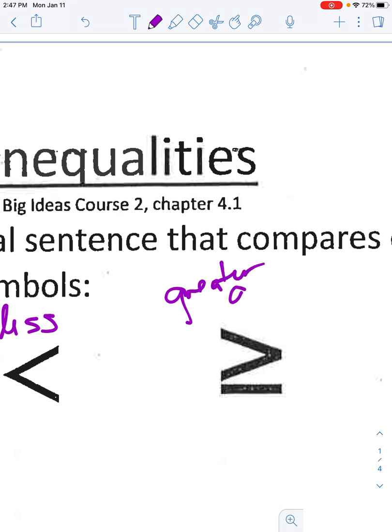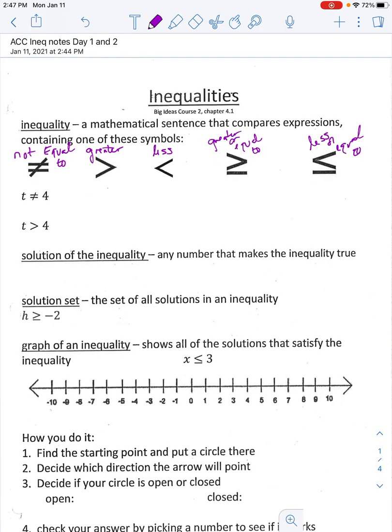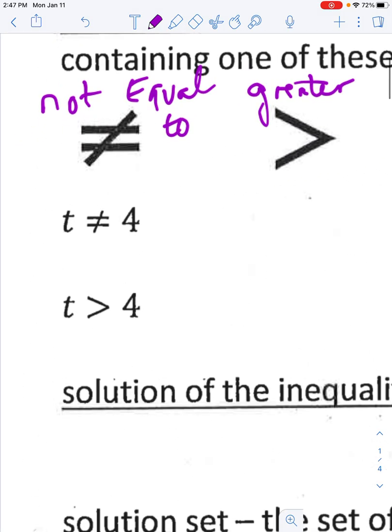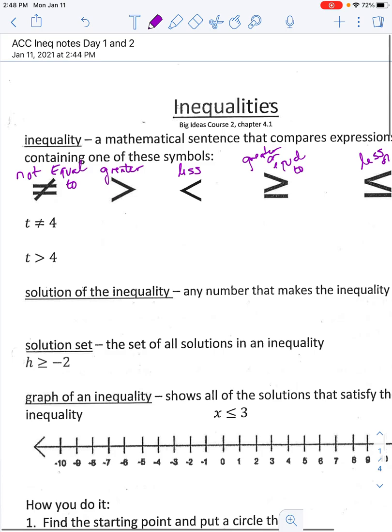This next one, the bar underneath, says greater than or equal to. This one would say less than or equal to. That should be review, okay? So make sure you have those written in if those maybe aren't new. Okay, so that says t is not equal to 4, and the bottom one says t is greater than 4.